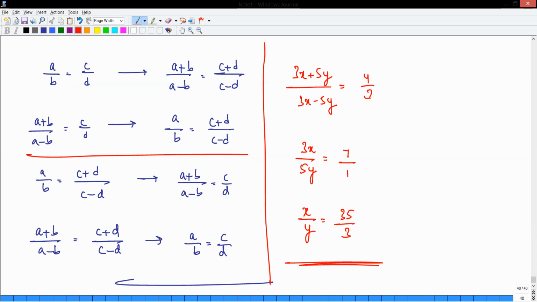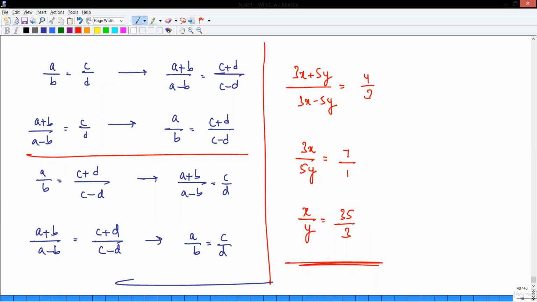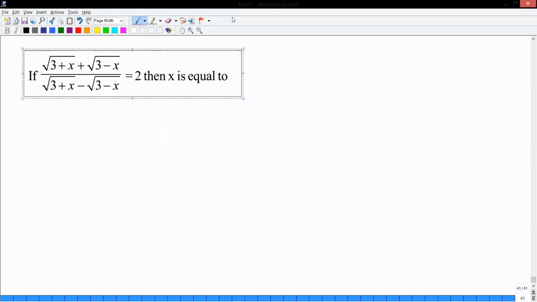See, when it is a complex problem, how do we solve it? Suppose you have root of 3 plus x plus root of 3 minus x by root of 3 plus x minus root of 3 minus x is equal to 2. Then x is equal to?